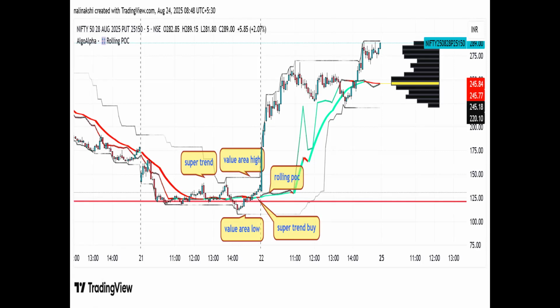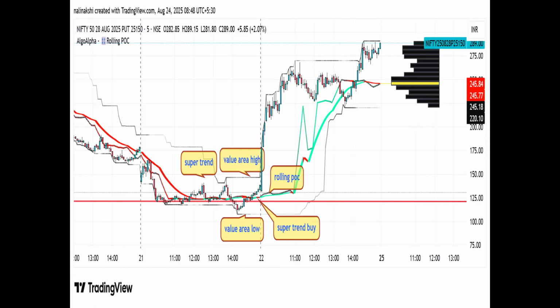the 24,150 put option. See, everybody, we don't look at the underlying Nifty, but we take the trade on the options. Most retail traders are option buyers, not option sellers, because option writing involves risk overnight as well as intraday.